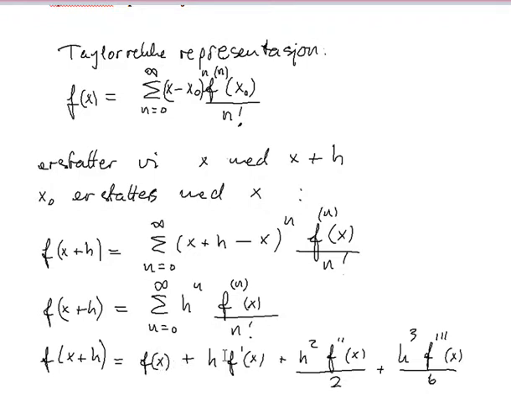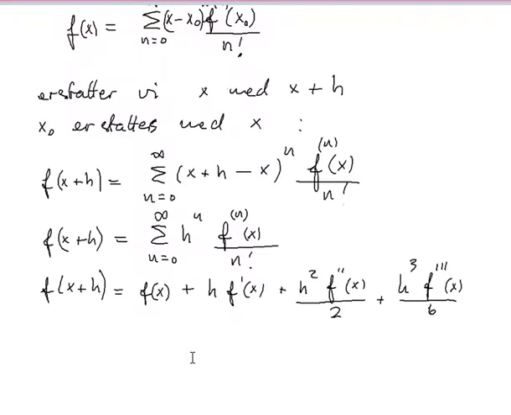When n is equal to 1, we obtain this term, and when n is equal to 2, we get this term, and we also take the last term here when n is equal to 3. Of course, we get infinitely many other terms as well, but let us just focus on these small terms first.